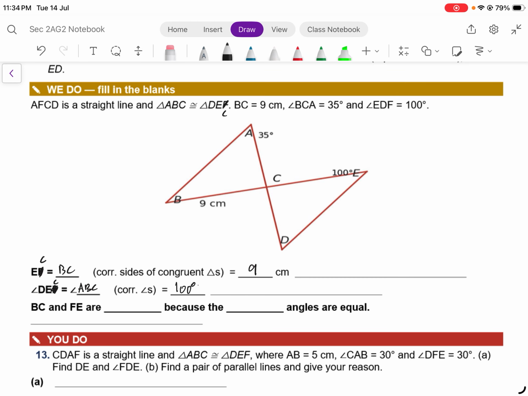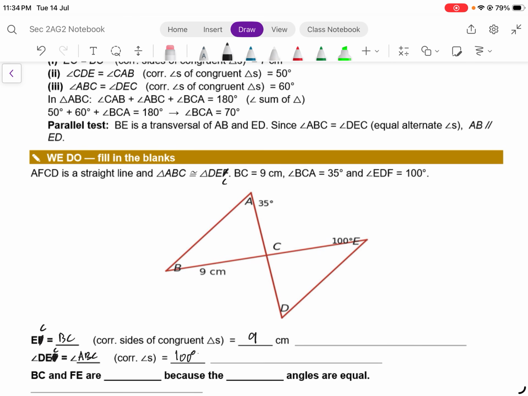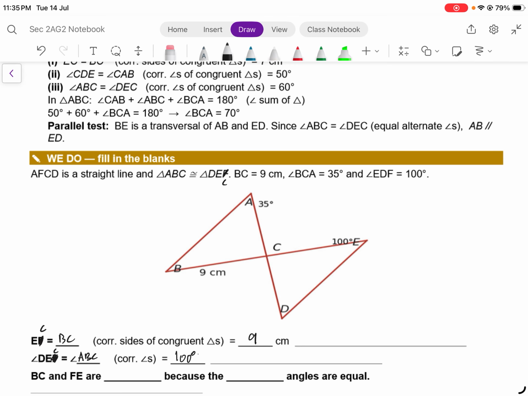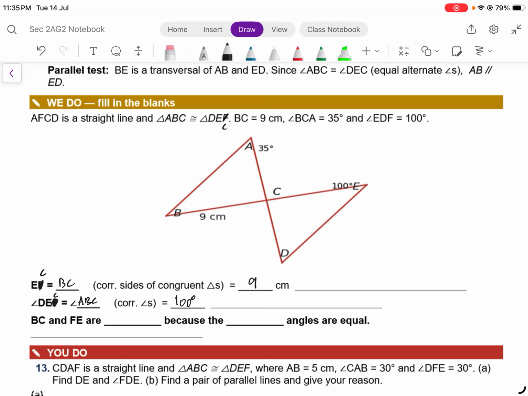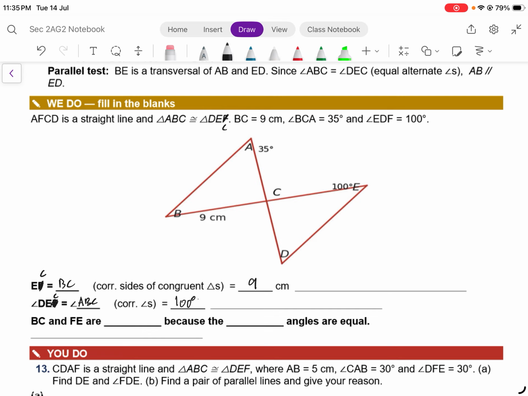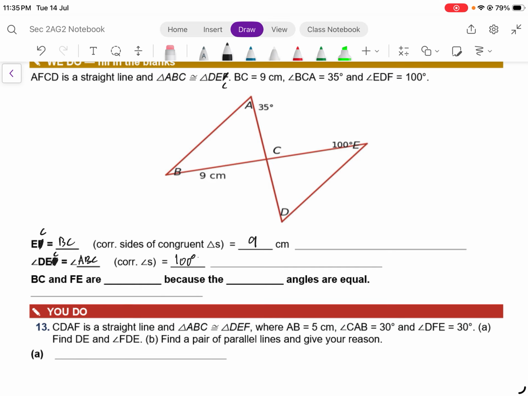Okay, so next one, BC and FE are equal because the corresponding angles are equal.